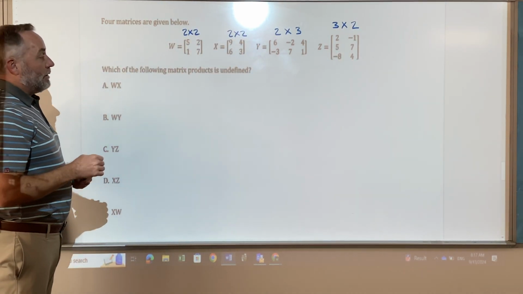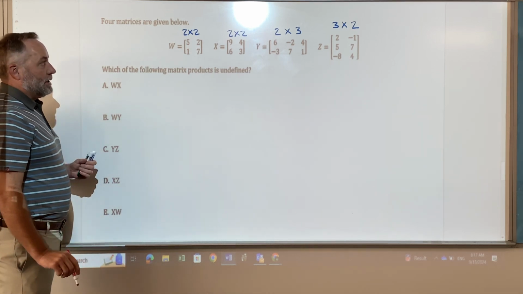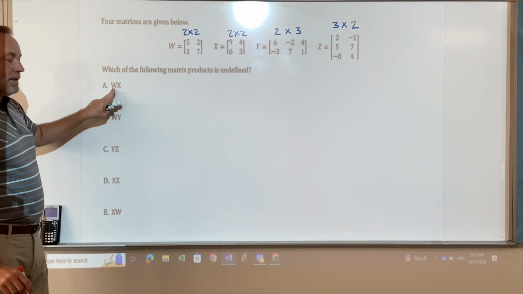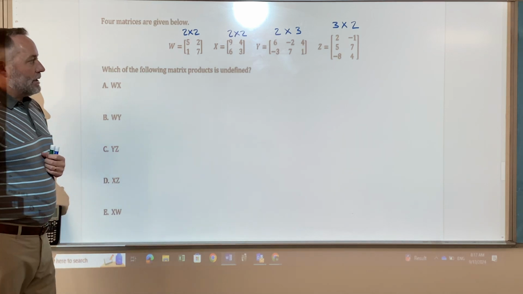And then the only other thing we need to know is that in order to multiply matrices, the columns of the first matrix, so the columns of the matrix that's listed first, must match the rows of the second matrix.